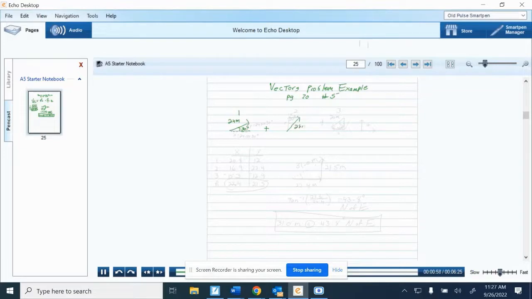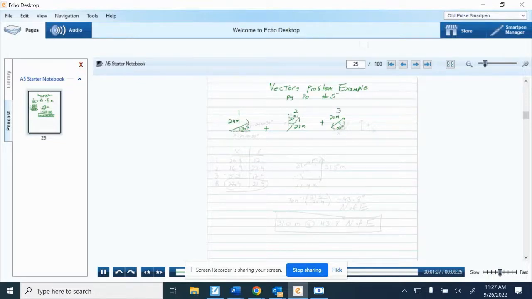It's 28 meters, and this angle is 37 degrees. And then the last one is 20 meters, 50 degrees west of south. So it's going to be something like this, 20 meters like this, and 50 degrees west of south is in this direction. Okay, so that's a sketch of our 3 vectors.